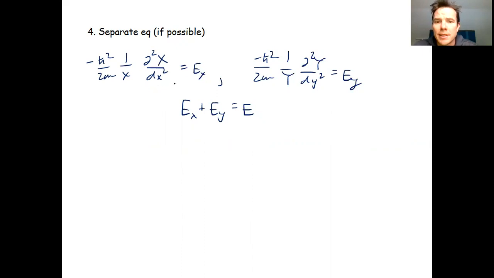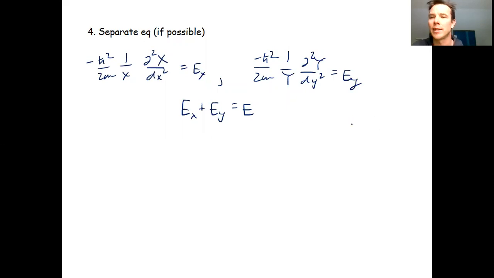This statement is entirely consistent with the previous one. I've taken this function, which depends on x, I reasoned that it had to be equal to a constant, which I could call whatever I want. Here I called it E_x. Same thing is true with y. I called it E_y. And if I put the condition that E_x plus E_y equals E, this is entirely consistent with my previous statement.